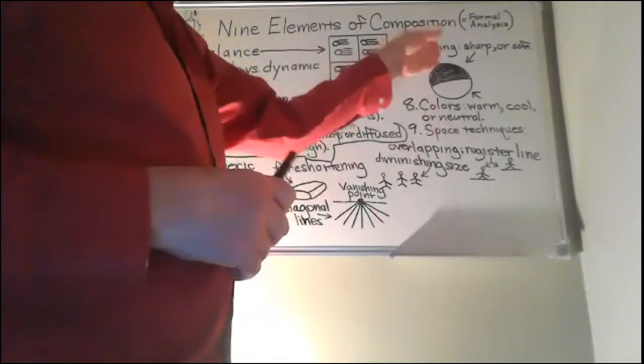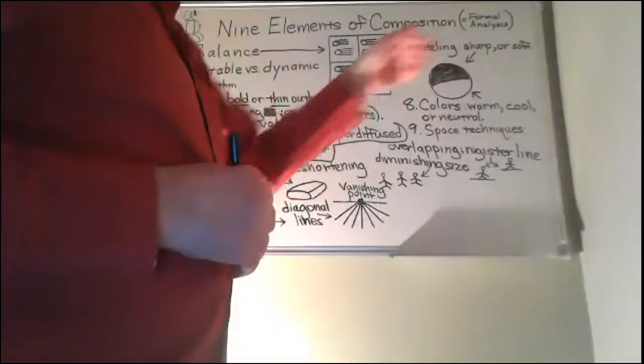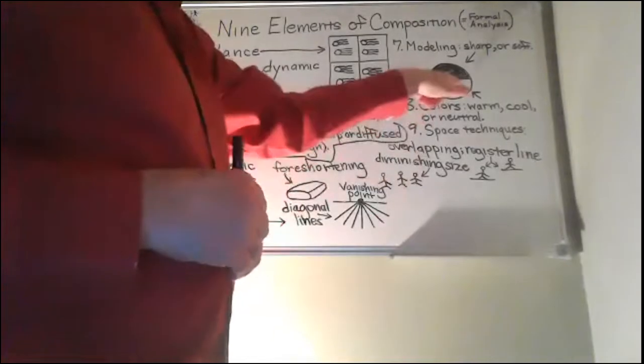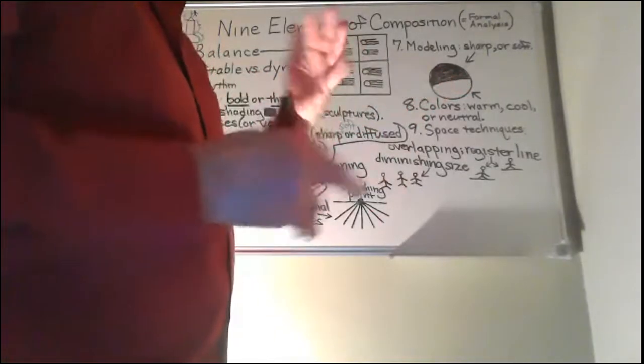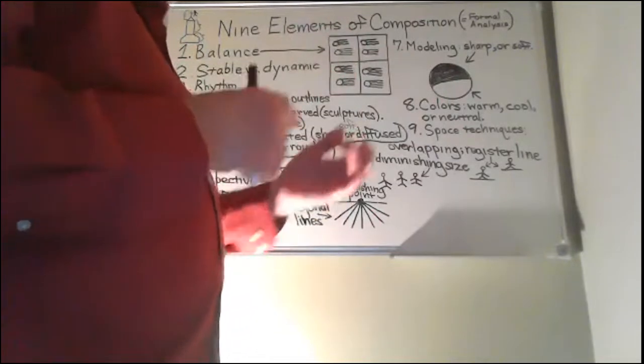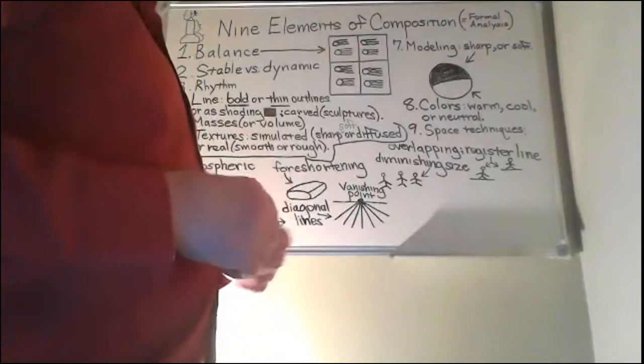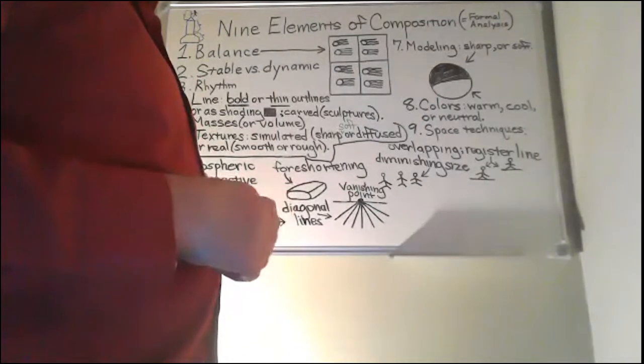I apologize, because modeling, of course, can help with the process of making something look like it's got simulated textures. But modeling is its own technique, where it's just the concept of whether there are shadows contrasting with light areas in any part of a painting or drawing, or it could be a photo. Photos can also have modeling, of course.